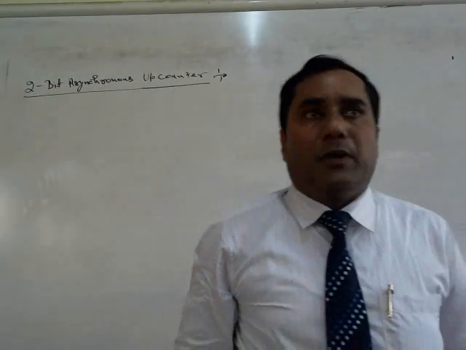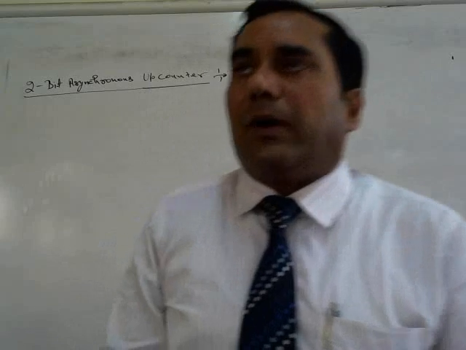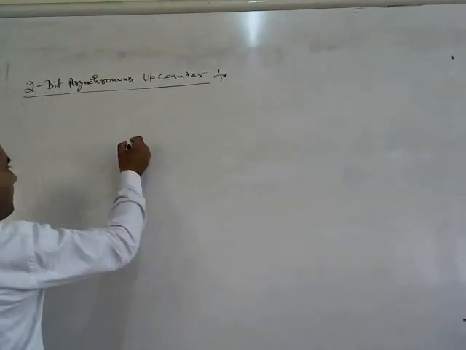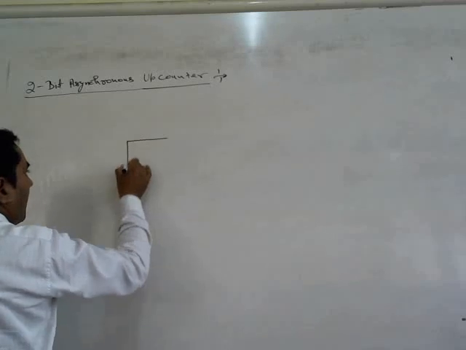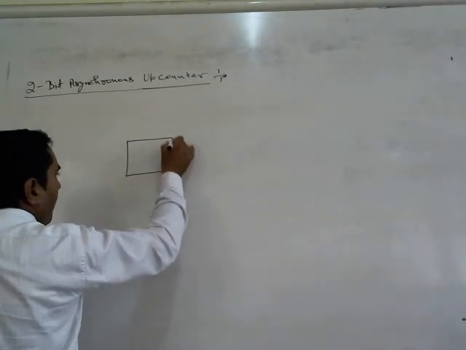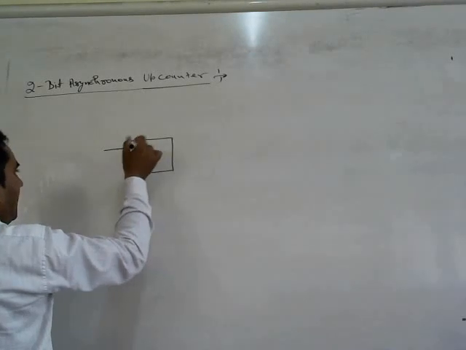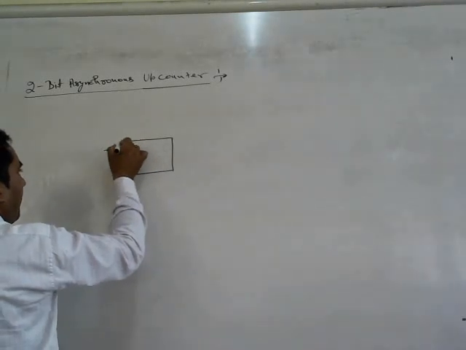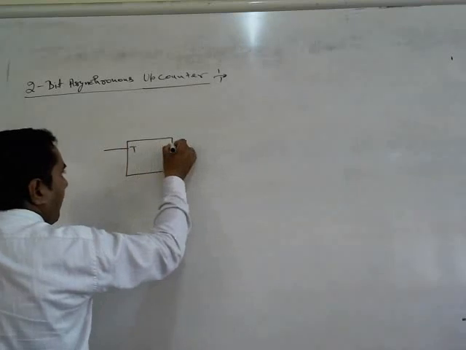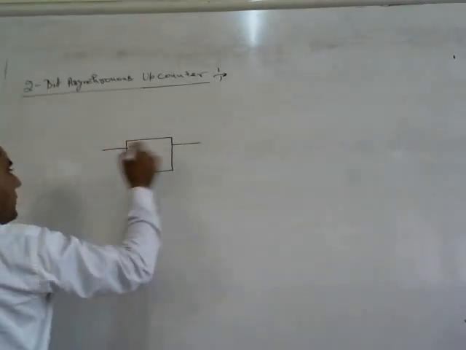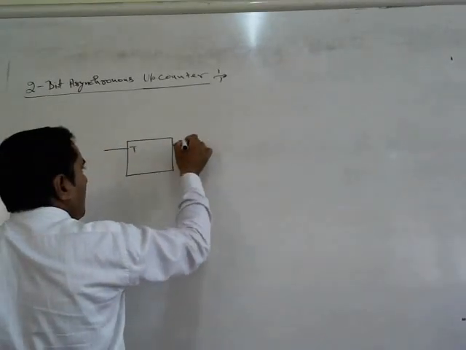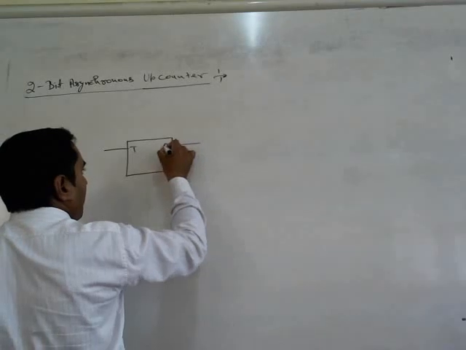For developing the 2-bit asynchronous up counter, we require two flip-flops. We take the T flip-flop. T is the input, output is the Q and the Q complement.